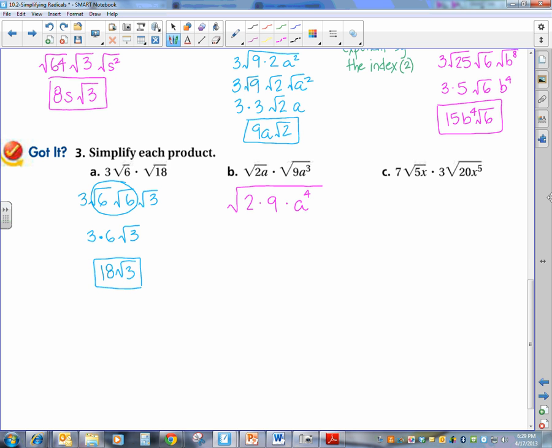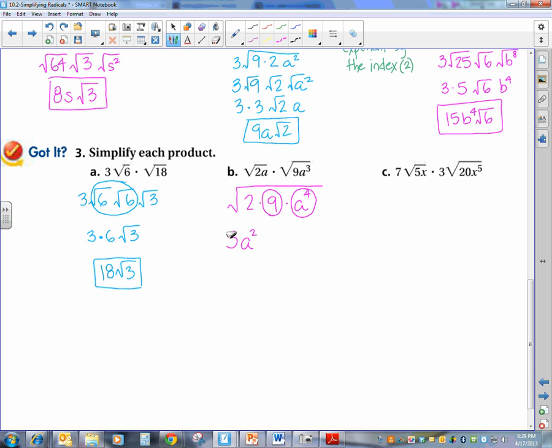From there, the square root of 2 is not a perfect square. The square root of 9 is 3. The square root of a to the fourth is 4 divided by 2, which is a squared. So this was a perfect square, and this was a perfect square.